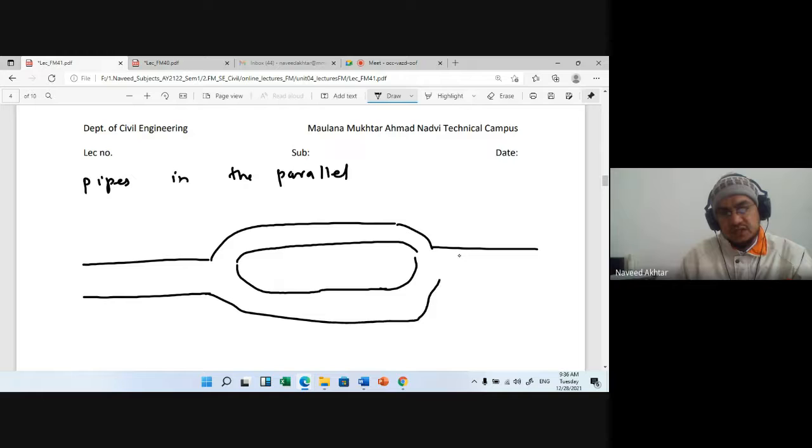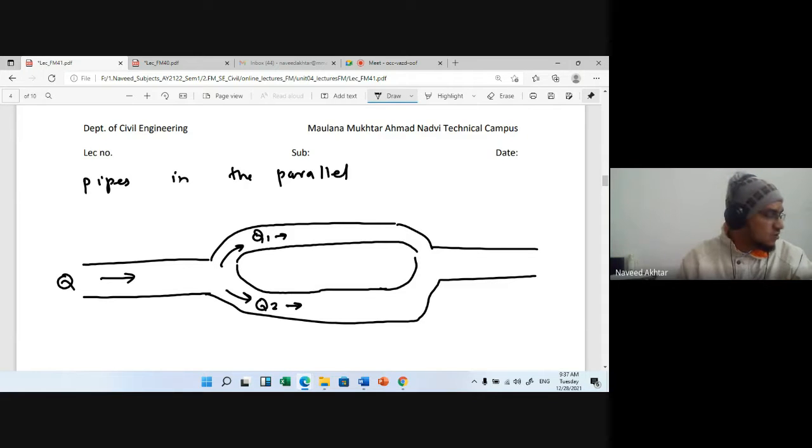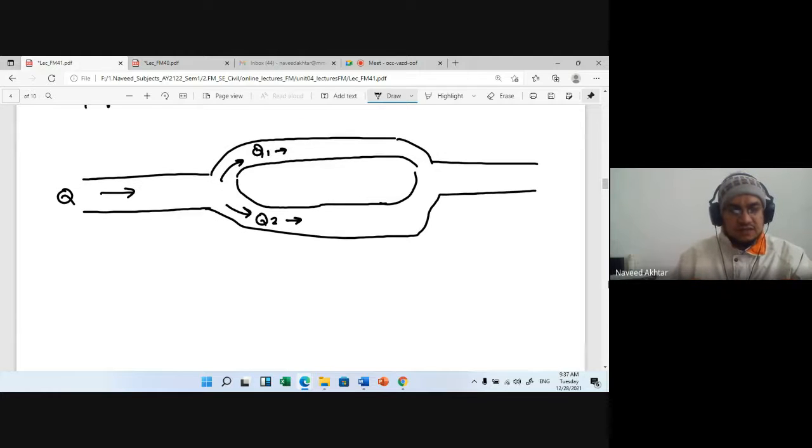This is nothing but pipes in parallel. Here the discharge is Q, and now it is divided, so it may be Q1 and Q2. You can also show this in the case of a reservoir system, and then again this is Q.